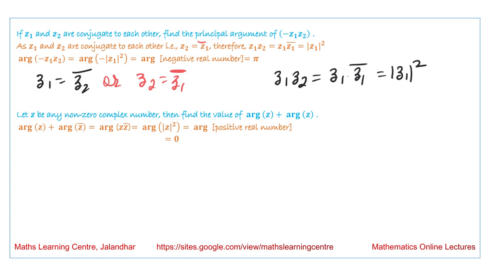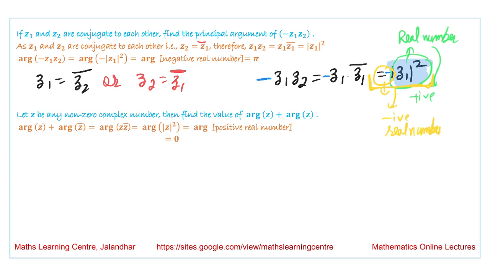And if we look at the sign over here, it is minus of z1 z2 we are talking about. That will be equal to minus of this, which is minus of mod of z1 square. This number, mod of z1 square, is a real number and it is positive. And because of this minus sign, this whole number will be a negative real number.